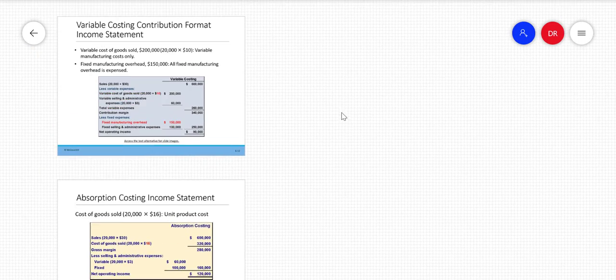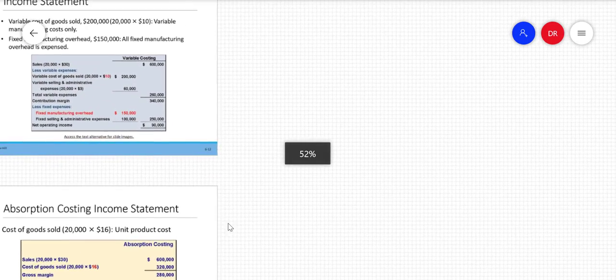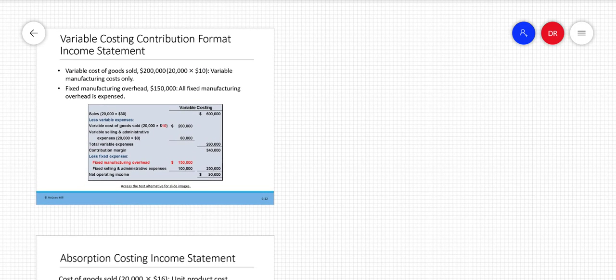So we start here with sales, 20,000 units at $30. We get $600,000 in sales. The variable cost of goods sold, because we're using that $10 cost for product cost, since this is variable costing, is $200,000. Using a contribution margin approach, this variable selling and admin is not product cost, but it is variable cost.